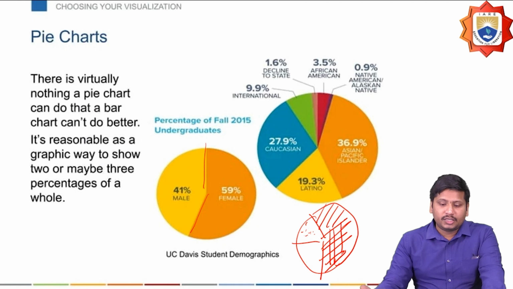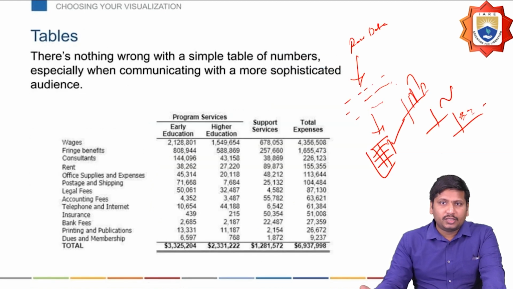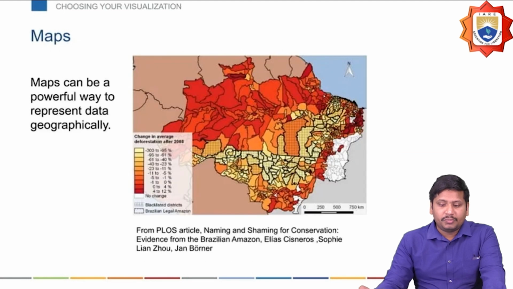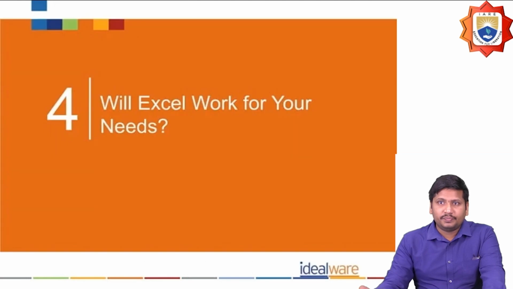And if I want to show percentage data, then I have to go for the pie chart. The table is the foundation for the bar chart, pie chart, and line chart as well. Plots are also used for effectively showing trends in the data, and maps are another kind of visualization.